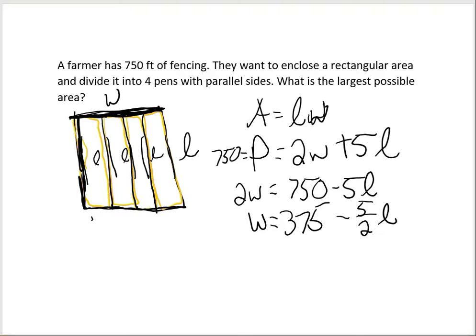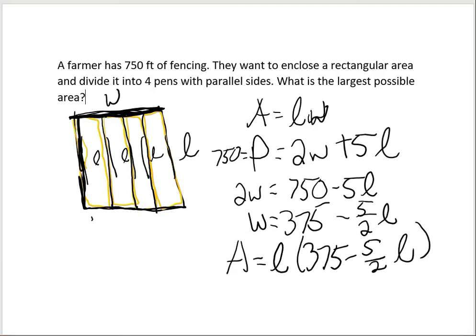Okay, so then what do we do with that? Well, you have the area equals length times the width, which is L times 375 minus 5/2 L, and you distribute it. 375L minus 5/2 L squared is what our area is.